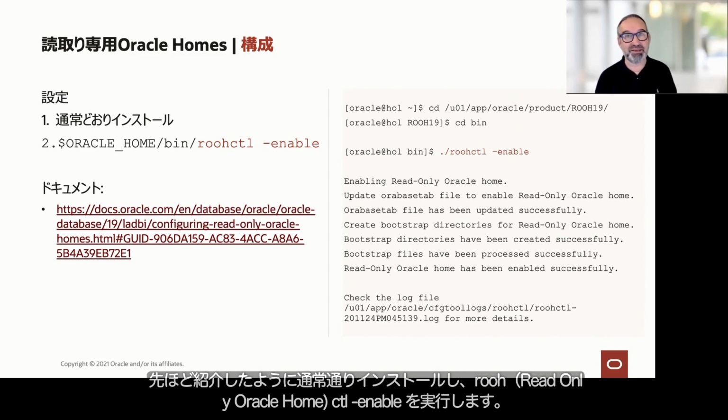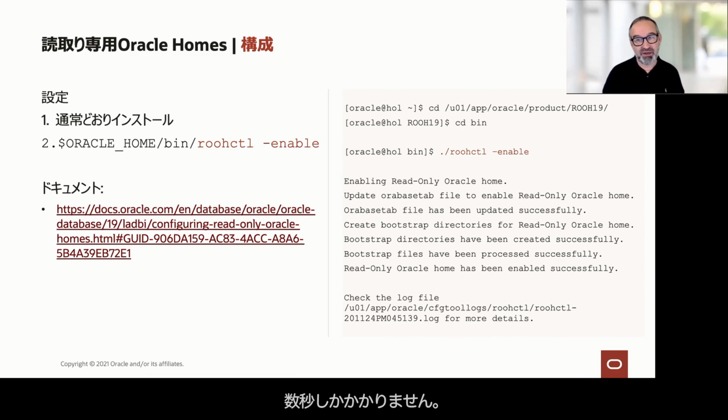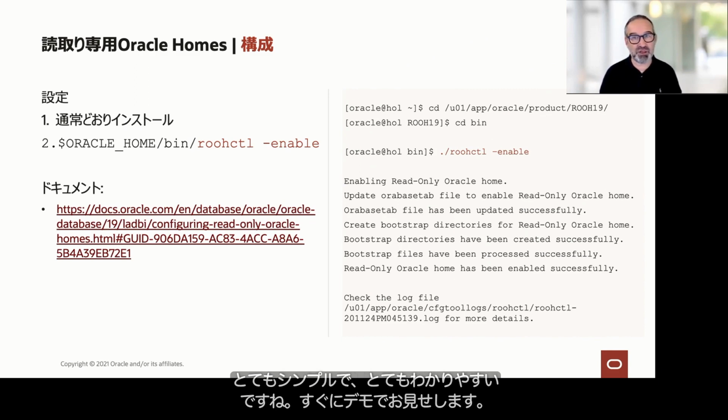That's a short script, you see it on the right side of the slide here. It just takes a few seconds, and it checks and sets the permissions correctly for the directories and the files, and that's it. Very simple, very straightforward. I will show you this in a demo in a second.